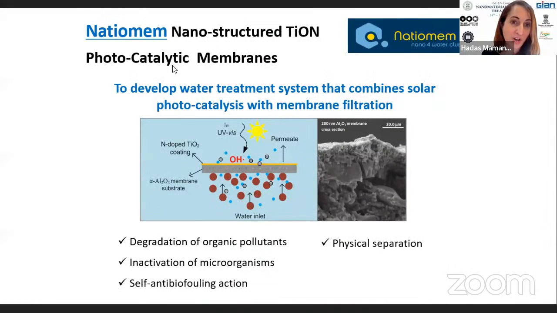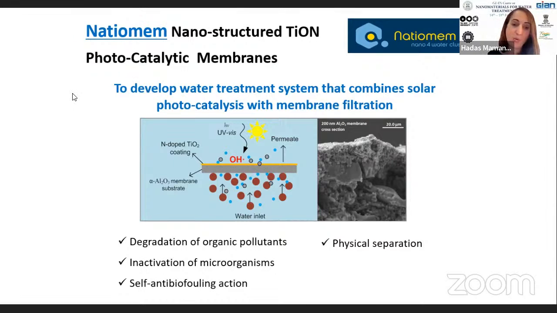So I would like to share a study that we did on photocatalytic membranes. This was a European Union based project. We had multiple groups working on this, both from academia and industry. What we tried to do is develop a water treatment system that combines solar photocatalysis with membrane filtration.